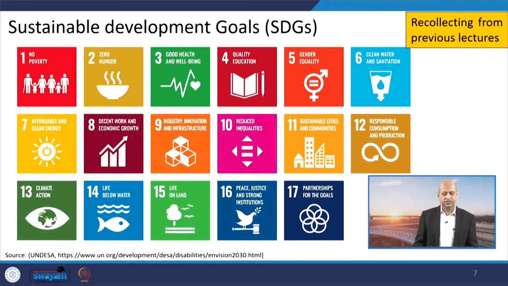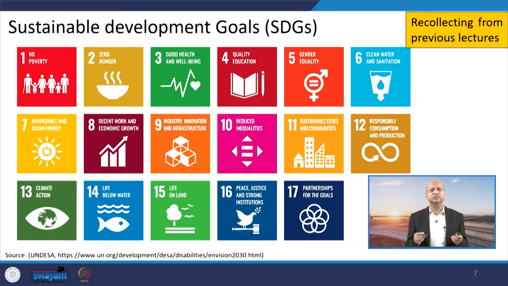Then the sustainable development goals or SDGs, which are from the United Nations, also talk about various aspects of human life, like no poverty, zero hunger or good health. In that you can also have better transport infrastructure and better accessibility.